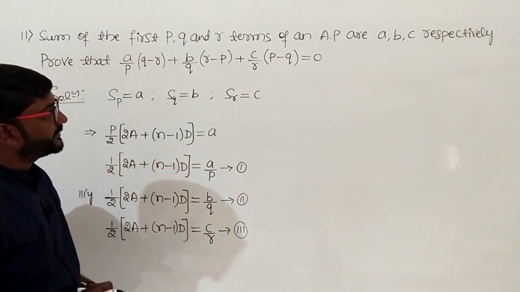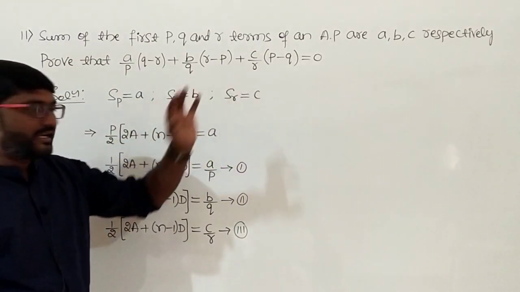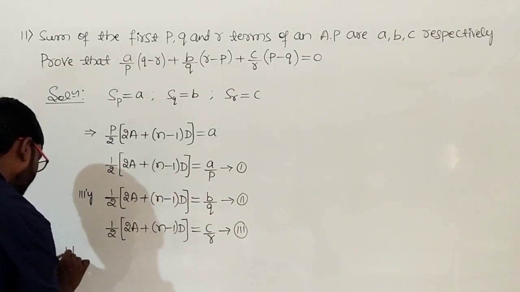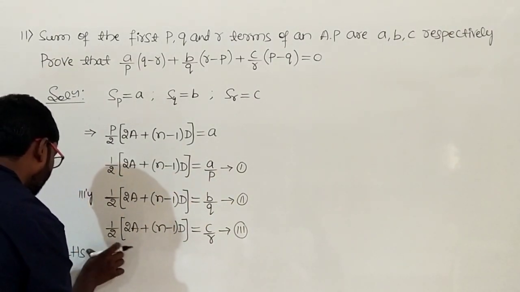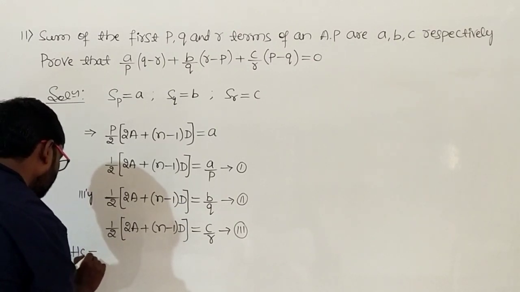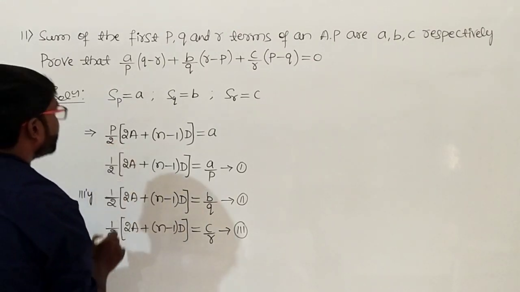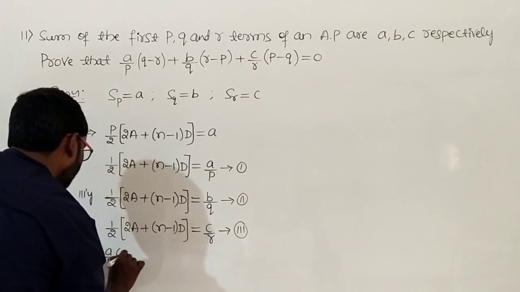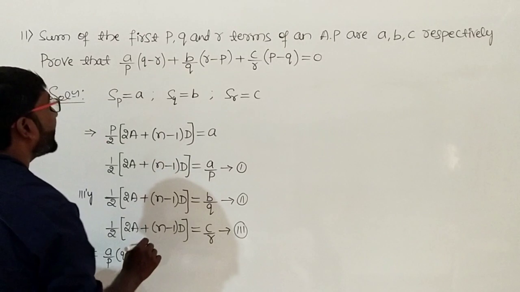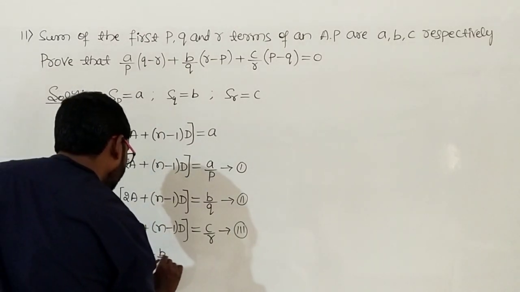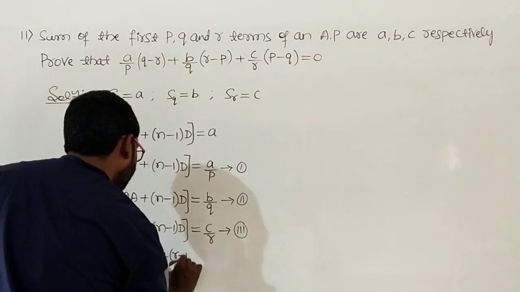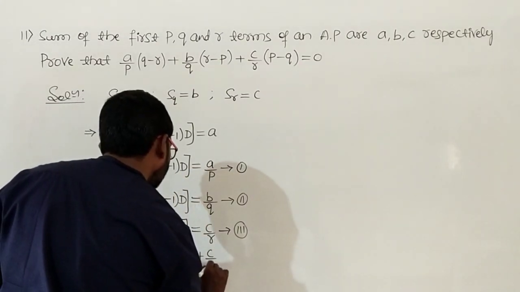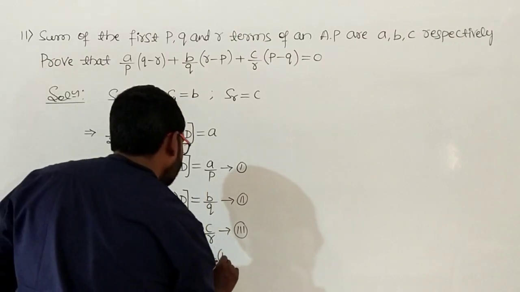Now we will have to consider the left hand side. So here LHS equals a by p into q minus r plus b by q into r minus p plus c by r into p minus q.